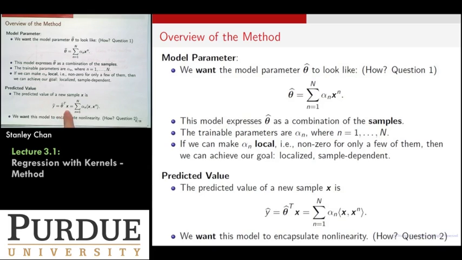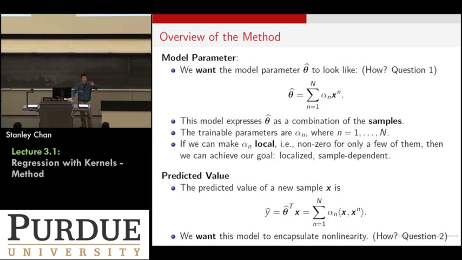Now, how do you do that? Well, just plug this equation in, and then you will get that. This is just the inner product between your point, yourself, and all the points in your training data set. Now, the interesting thing is this alpha. Of course, we haven't defined what alpha are. But imagine the size of this alpha. You have n data points, and for every data point you have one alpha, so you have n alphas.